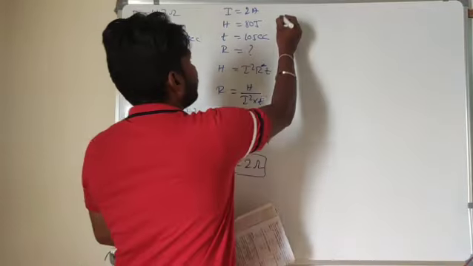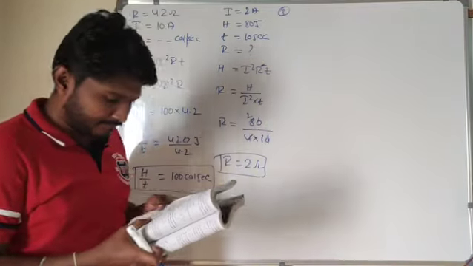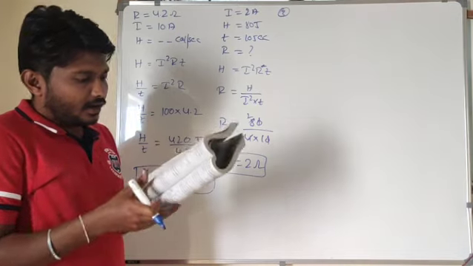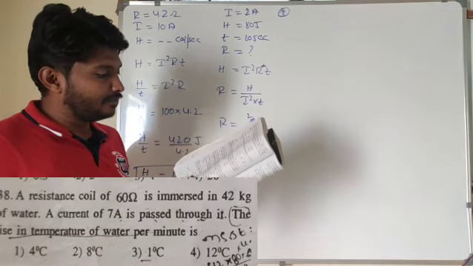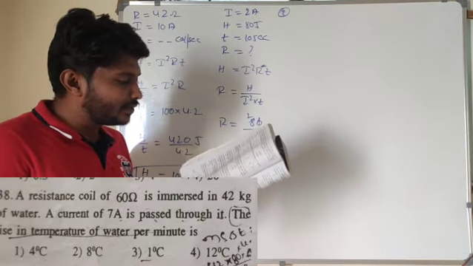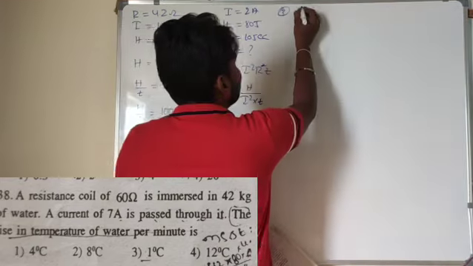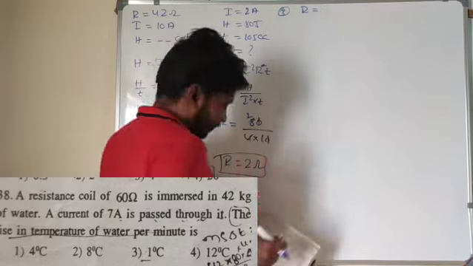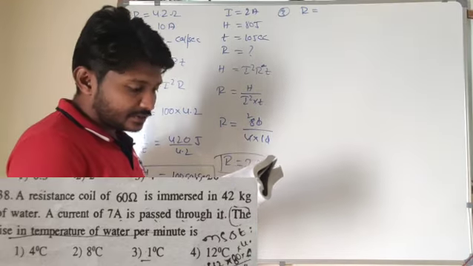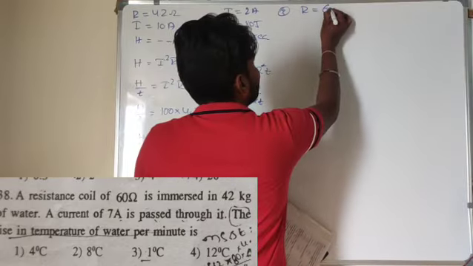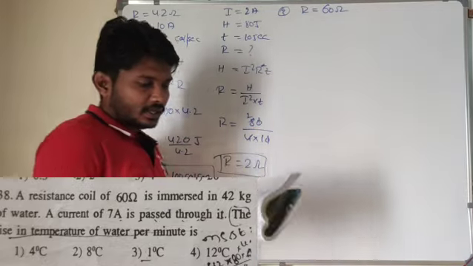Next, third question we'll look at. A resistance coil of 60 ohm is immersed in 42 kg of water. So one resistance coil is there, with a resistance of 60 ohm.